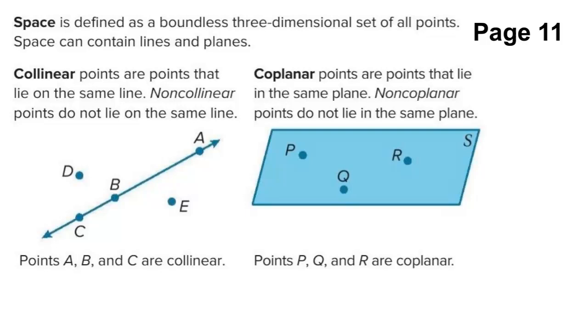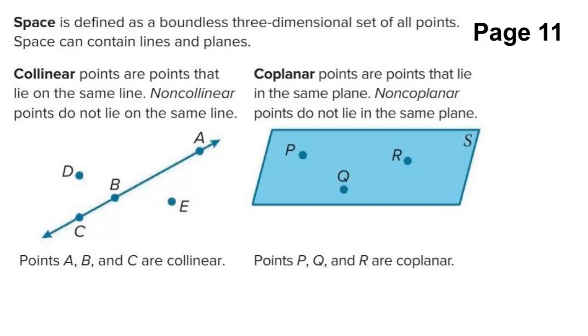Coplanar means my points are all lying on the same plane. Anytime you graphed in Algebra 2, you drew coplanar points because they were all on the same flat surface.